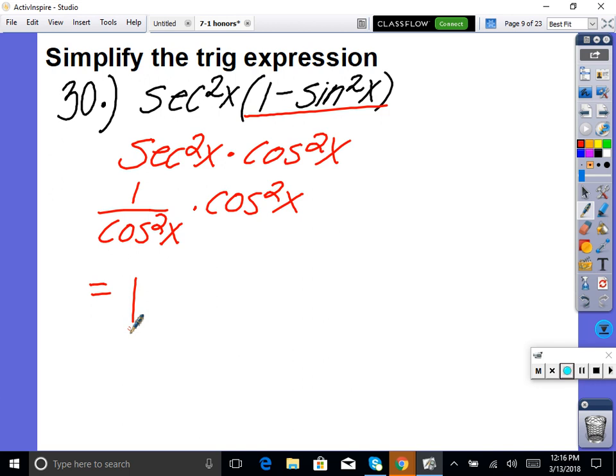Now, here's the thing, guys. The reason we do this is because when you get to calculus, you're going to be asked to do integration, which you don't know what that is. If I asked you to integrate, there is a nasty problem. It's going to take integration by parts, and it's going to be a huge, long problem.